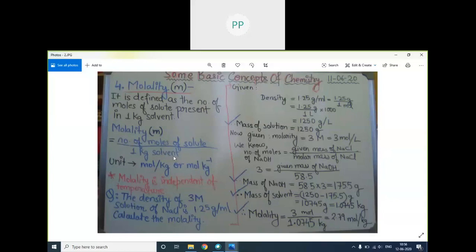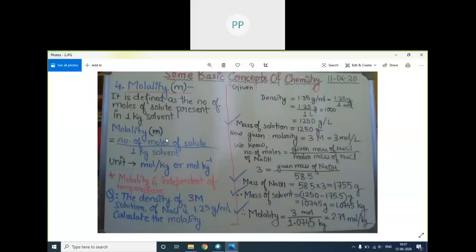So two differences there: in molarity we have solution in the denominator, but here in molality it is solvent. In molarity we have volume term, but here mass term. So in the denominator two differences are there. Keep it in mind. And one more difference, molarity is shown by capital M and molality by small m.